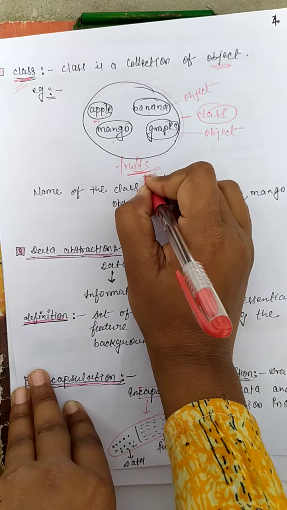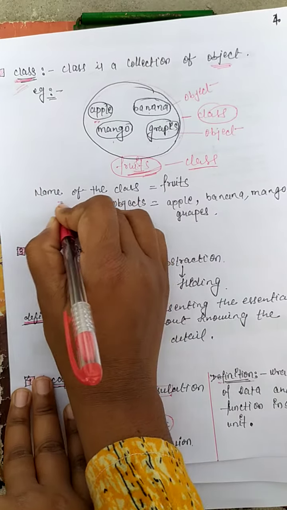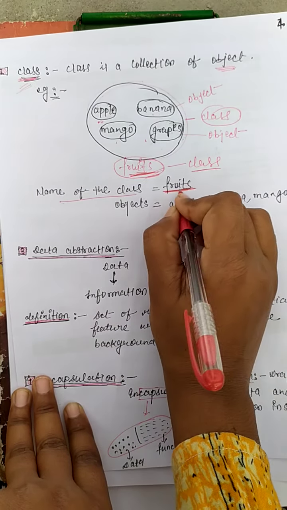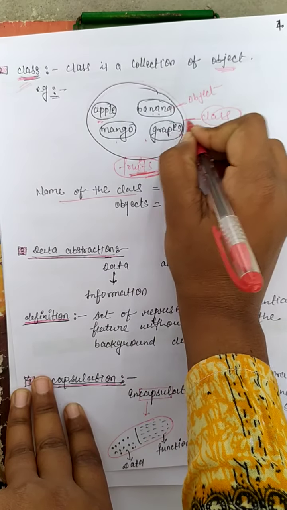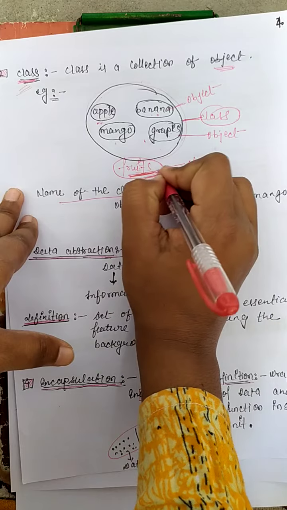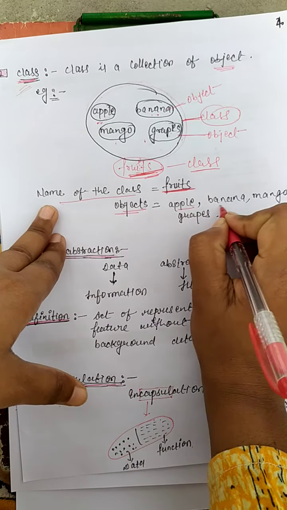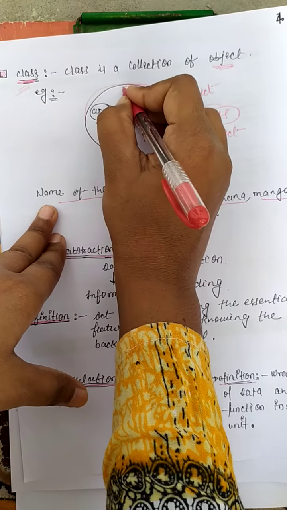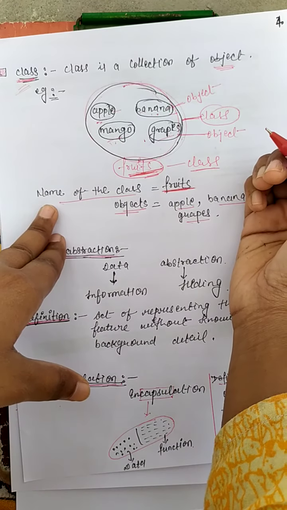What is the name of the class? The name of the class is fruits. Here fruits is a class, and the apple, banana, mango, grapes are the objects of this class. Here it is a class, and these all are objects.